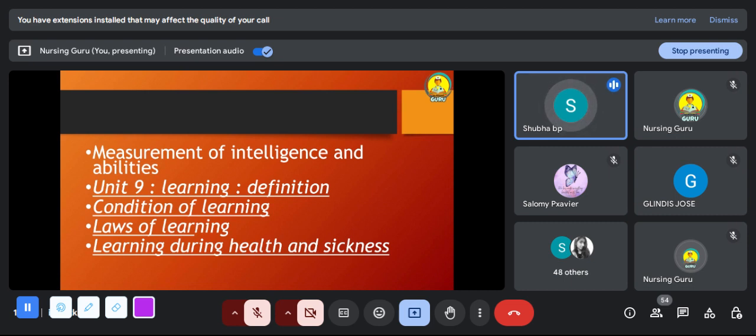So these are all the topics covered in unit 9. So this is also a very important question. Define learning, they may ask for 2 marks also. The definition of learning, and they may ask what are the laws of learning.